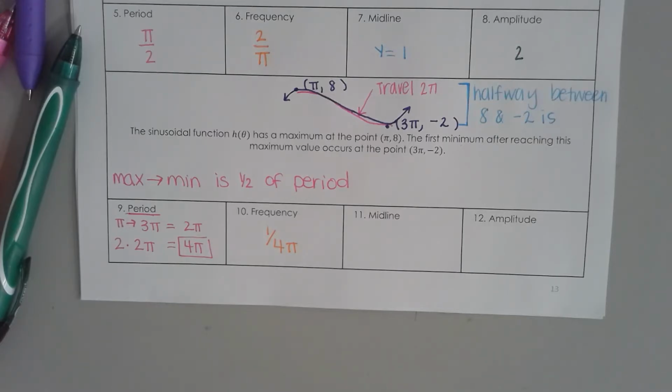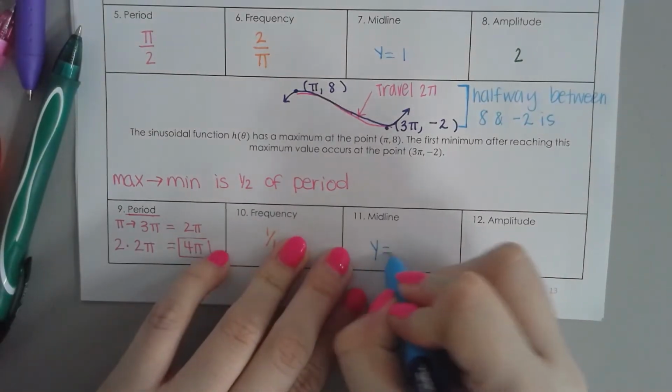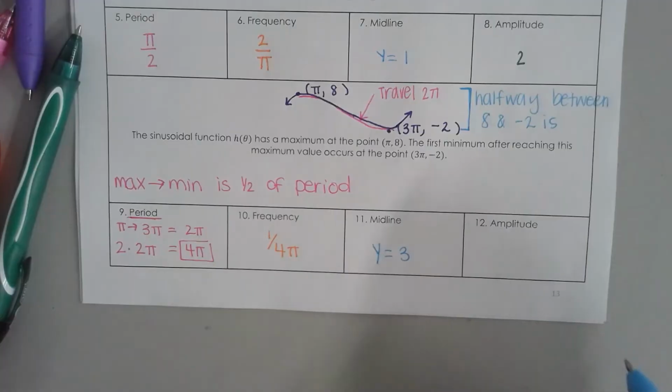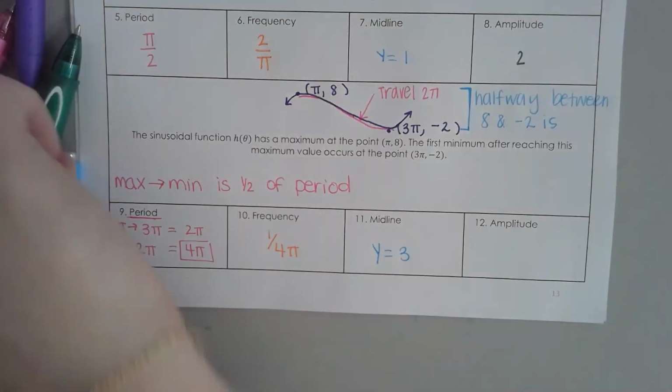Okay, there's 10 total units between the two. So halfway would be 5 units apart. And so 5 units from 8 is actually 3. So your midline is y equals 3. Your amplitude, that's going to be 5.